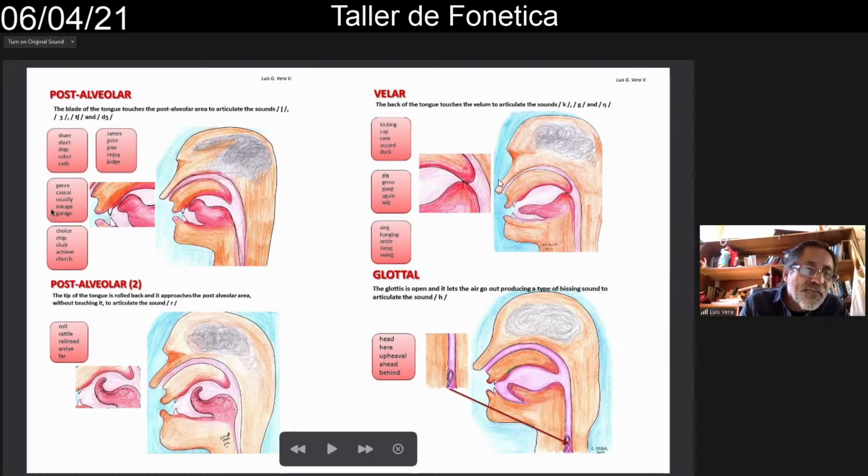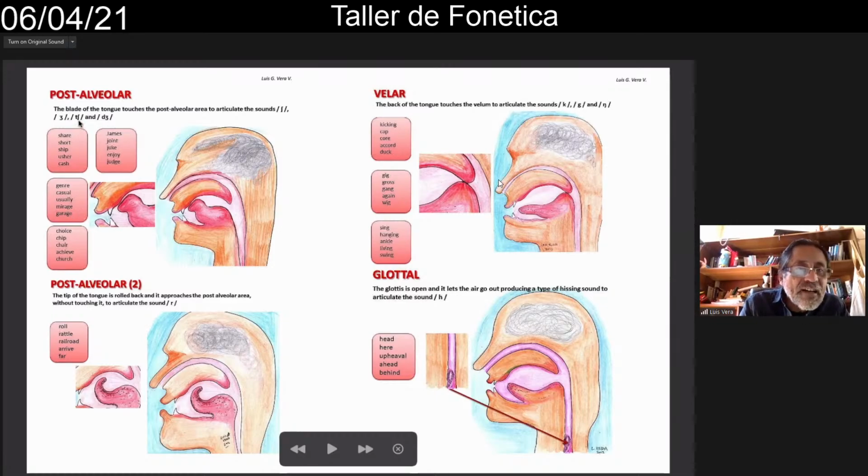But this one is different because this is the je, and then you say genre. This is a French word, genre. Casual, usually, mirage, garage, je, a la francesa, miren. Genre, casual, usually, mirage, garage.